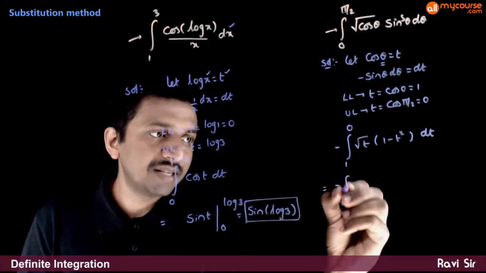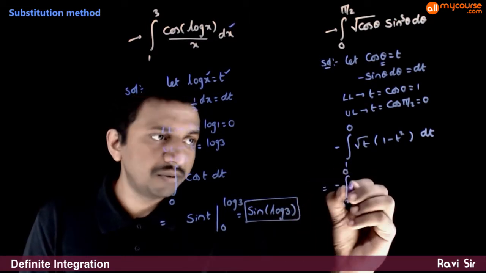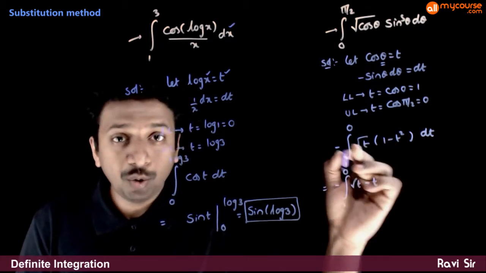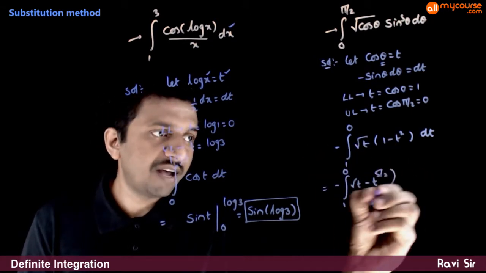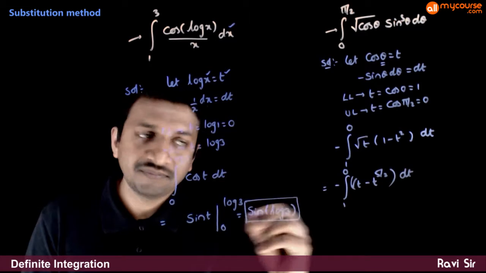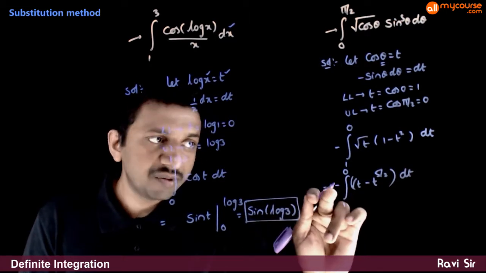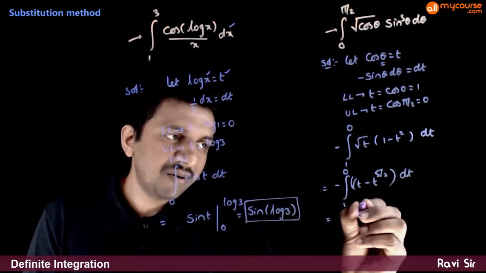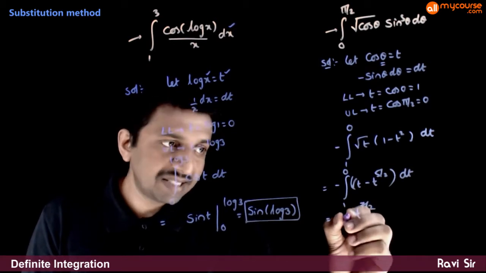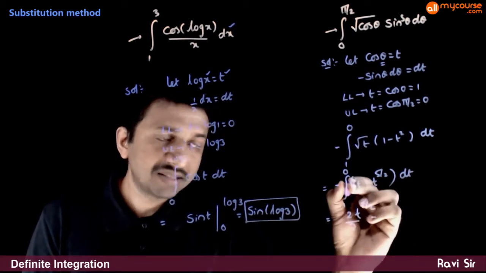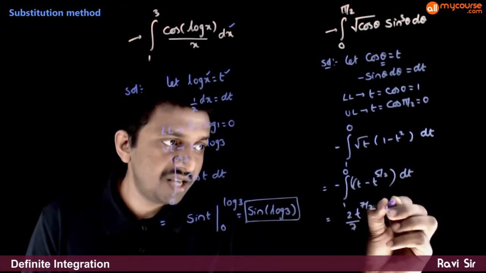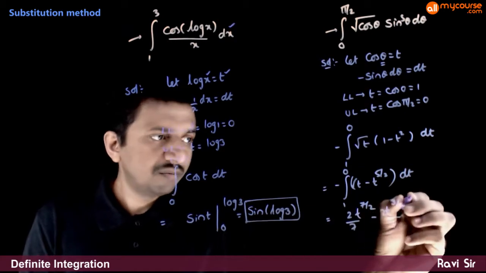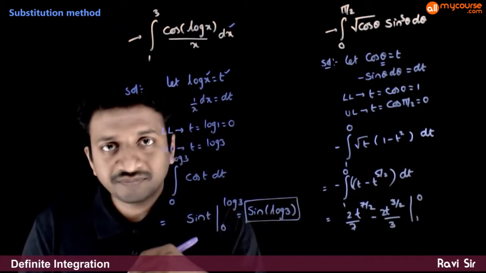That is equal to minus the integral from 1 to 0 of (root t minus t power 2 plus half, which is 5 by 2) dt. If you send this minus inside, the integral is t power 7 by 2 by 7 by 2 minus t power 3 by 2 by 3 by 2, from 1 to 0.